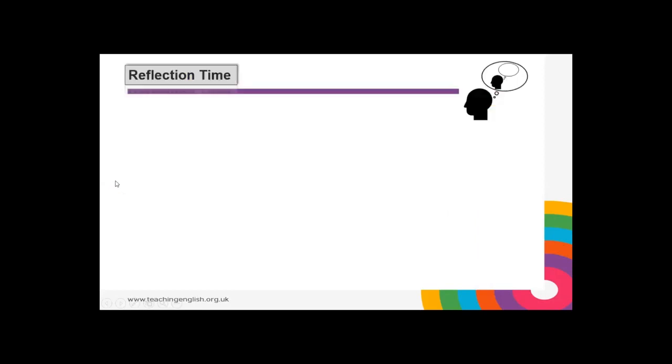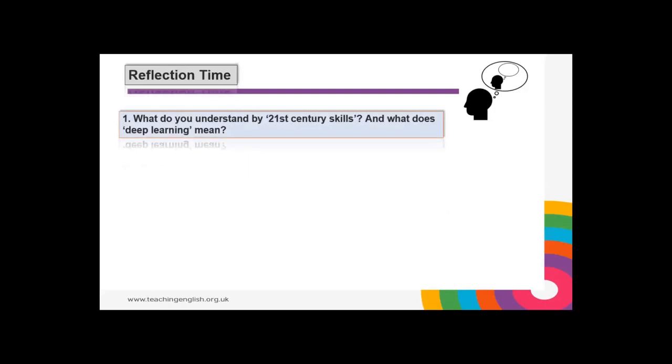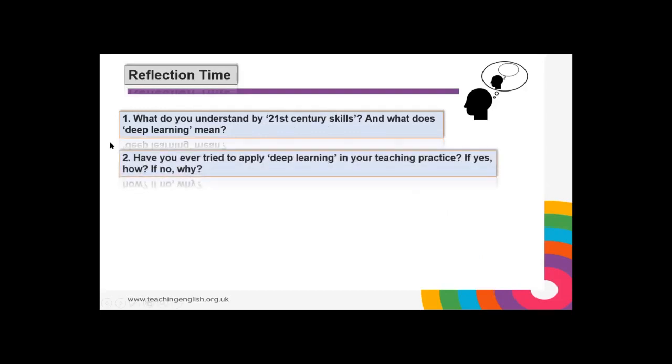So the last thing we can say is reflecting time. What did we do today? We talked about the 21st century skills and what deep learning means. Have you ever tried applying deep learning? If yes, how, and if not, why?